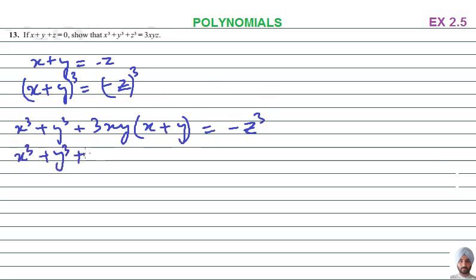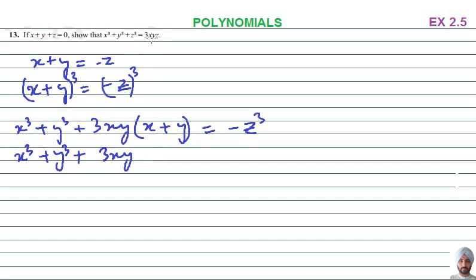Now see the magic of this identity. I told you earlier also that there is a benefit of learning x cube plus y cube plus 3xy times x plus y instead of learning x cube plus y cube plus 3x square y plus xy square. What is the benefit?